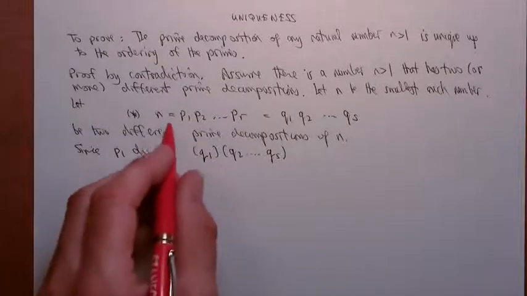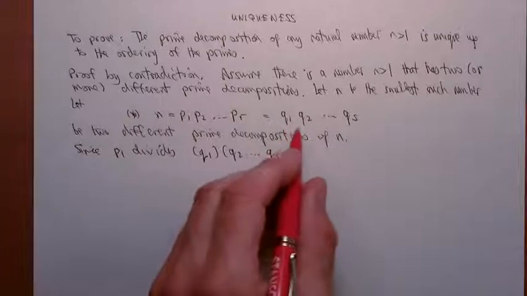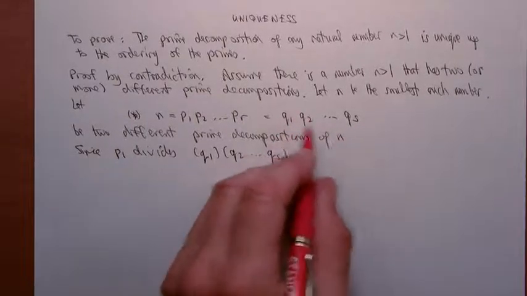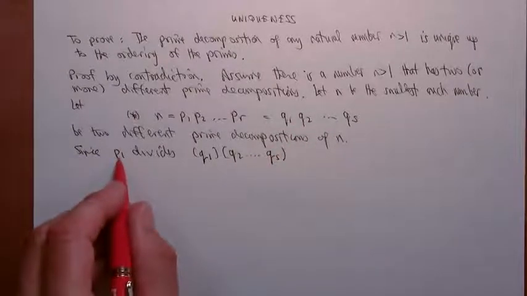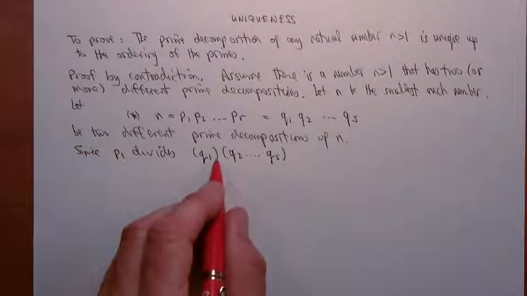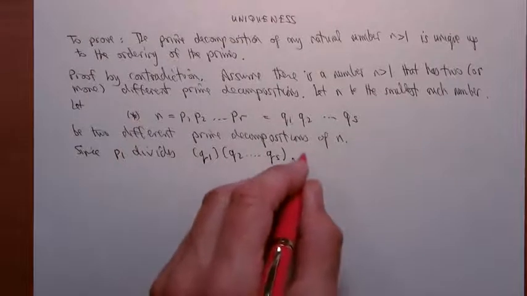I've said p1 divides n, so p1 divides this, and I'll split that into two that way, and notice that p1 divides q1 times that, and I've done that in order to apply Euclid's lemma.